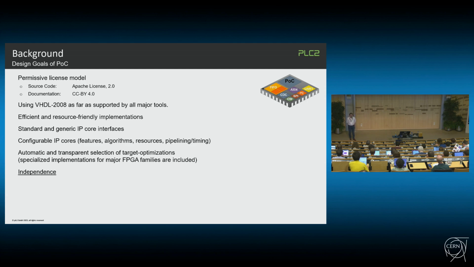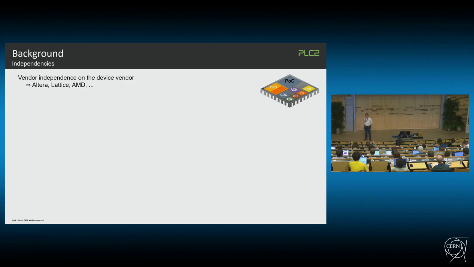Okay, in the title, it's also saying we are independent. So what does it mean now to be independent? We are independent of the vendor we are supporting. As I said, Altera, Lattice, AMD devices. We are independent of the target implementation, can be also an ASIC implementation. So there has been tests in the past with using these IP cores also for ASIC development.